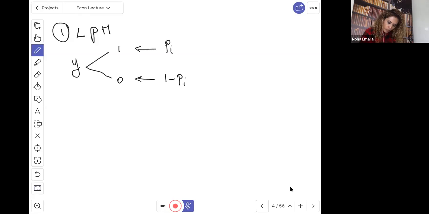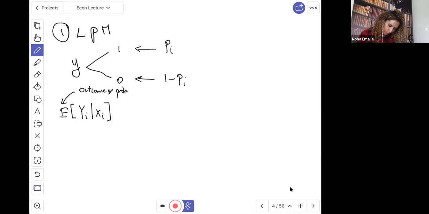Okay, so if I want to compute the estimated y or the expected y, my expectation for the y given xi, any expectation is an outcome times a probability, okay?